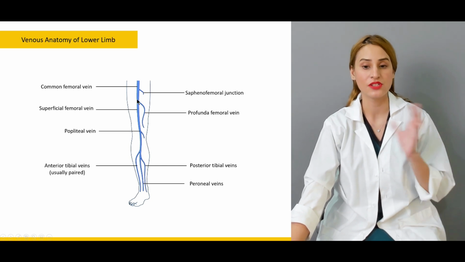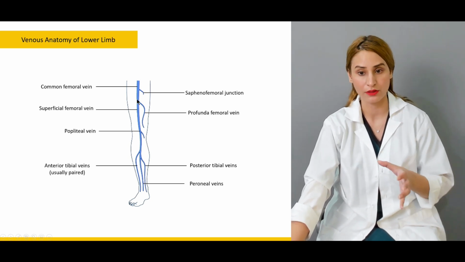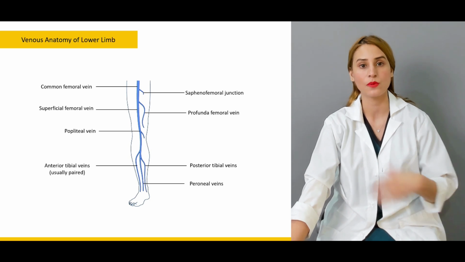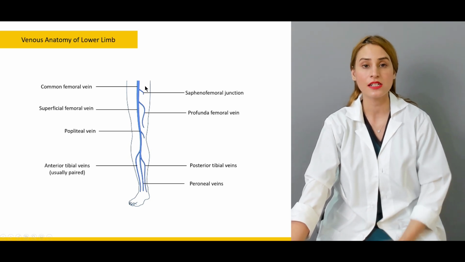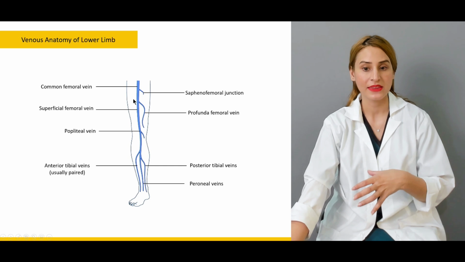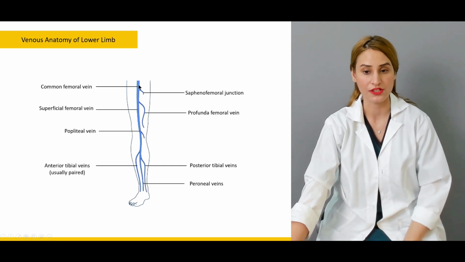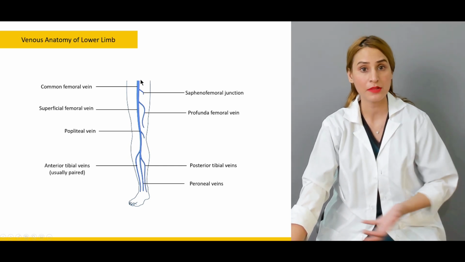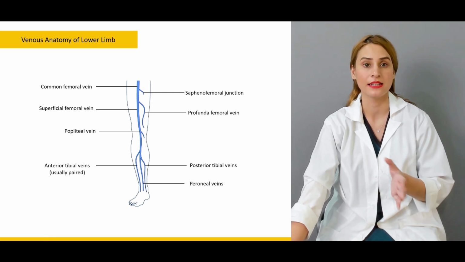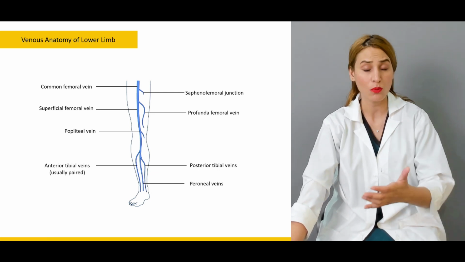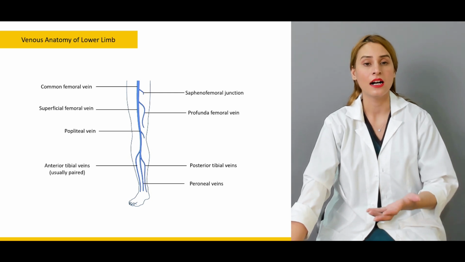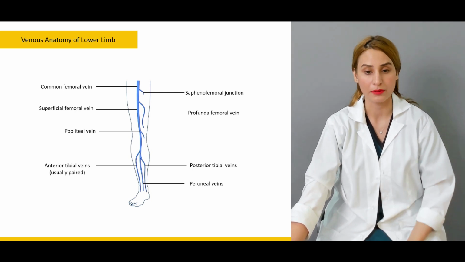And the junction of the long saphenous vein and the femoral vein, just below the inguinal ligament, is called the saphenofemoral junction. So these junctions are very important. I will tell you later in the lecture the significance of the saphenofemoral and the saphenopopliteal junction.